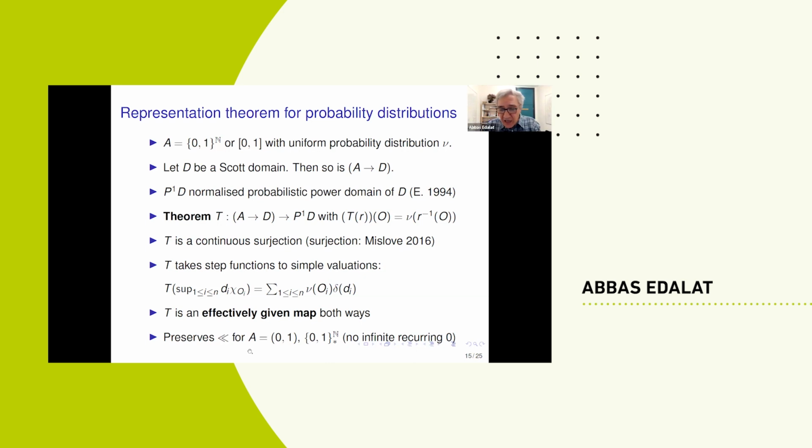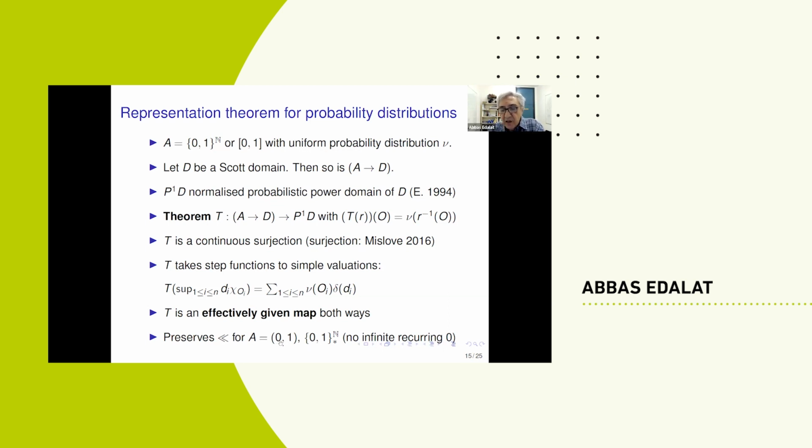But if we restrict our probability space, our sample space, to the open interval 0, 1, so instead of using the closed interval 0, 1, we use the open interval. Or instead, in the Cantor space, if we eliminate all sequences that end with infinitely recurring zeros, then we have got two sample spaces that with the Cantor topology are only locally compact, but not compact.